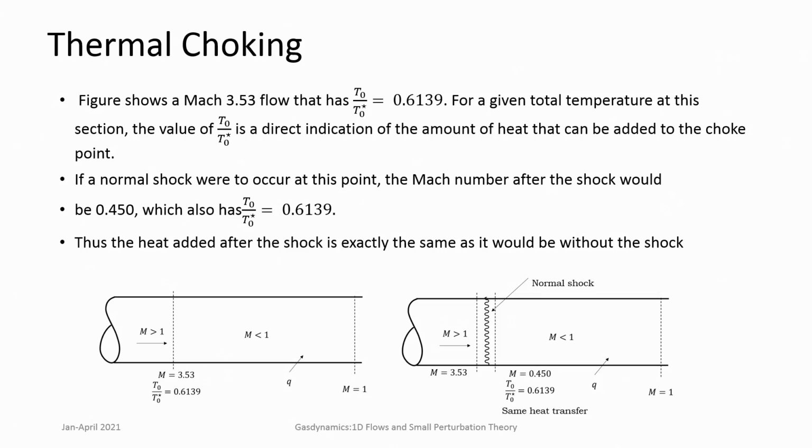Now, what happens if it happens in a supersonic case? Then in the supersonic case, can a shock change the location of the maximum heat transfer? It cannot change, because shock is a constant total enthalpy process or constant stagnation enthalpy process. So, location of a shock would not change the maximum heat being added.